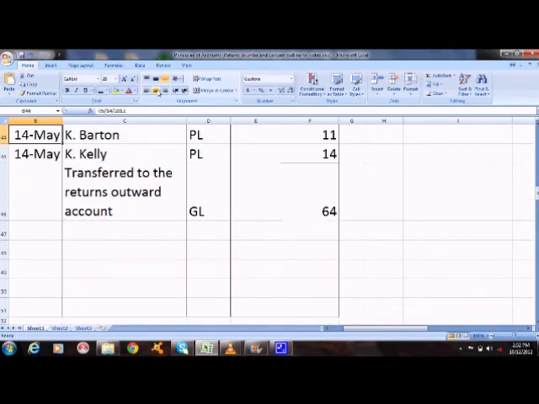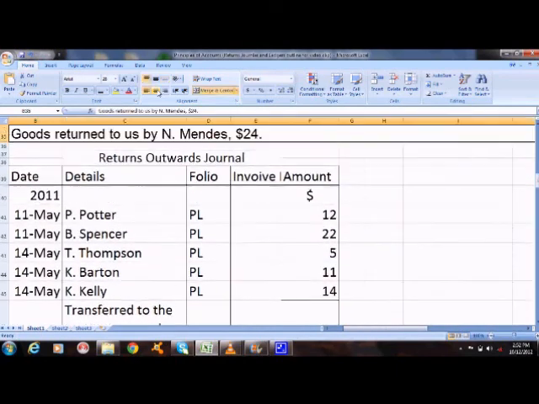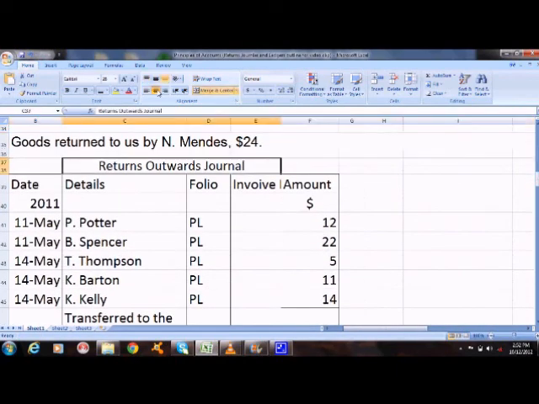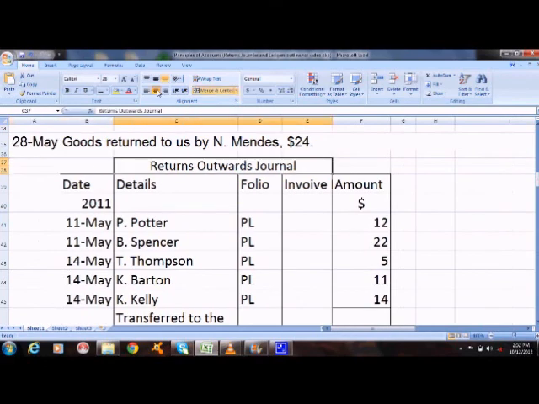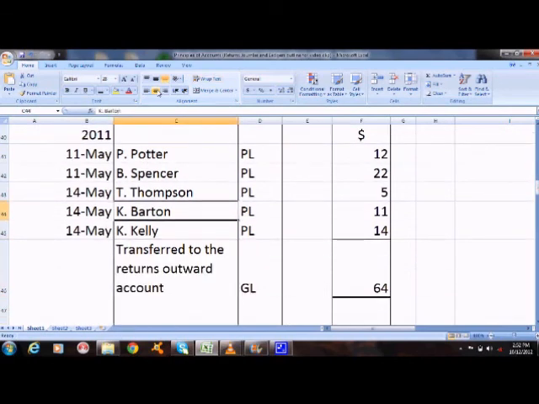Remember we post from returns outwards to our purchases ledger, right friends? Yes, we do that. We're going to do two of these plus the general ledger one. We're going to do P Potter and B Spencer.